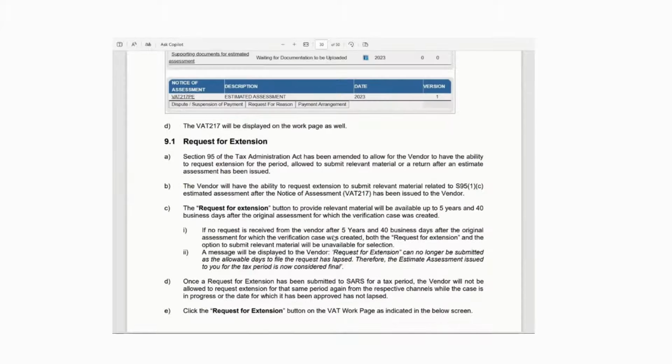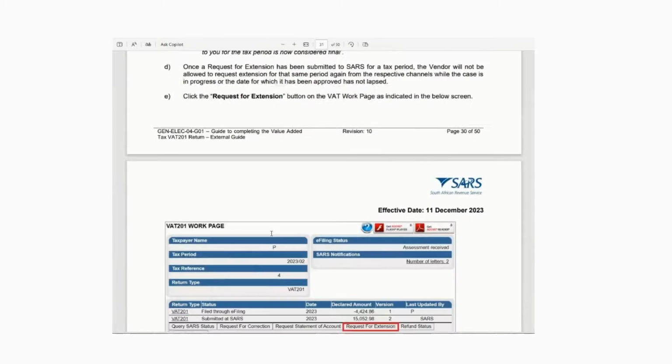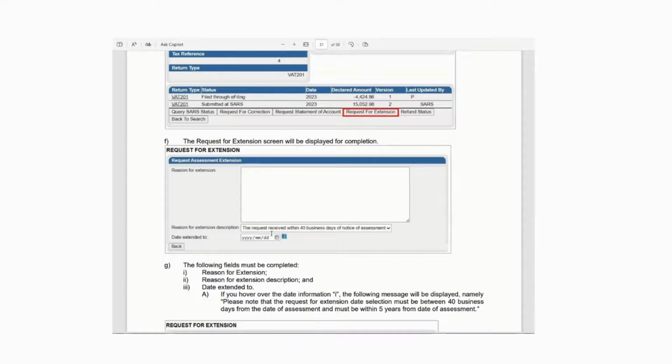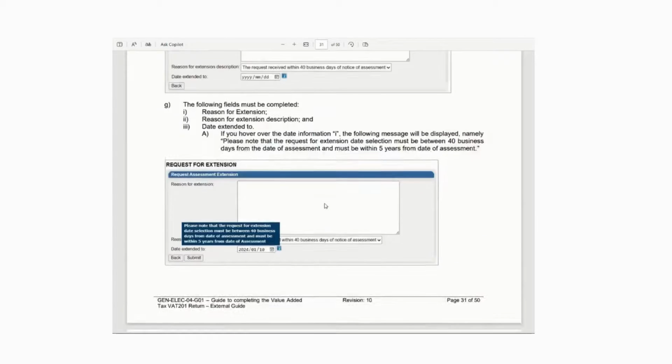Rather be upfront and have that information sent to them, so that during the audit period, when you are challenging them on a penalty, you have that record of the communication that you sent to them, alerting SARS that you have some challenges or there's something that you need to resolve. So there's the request for extension.